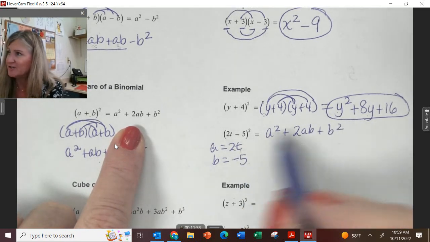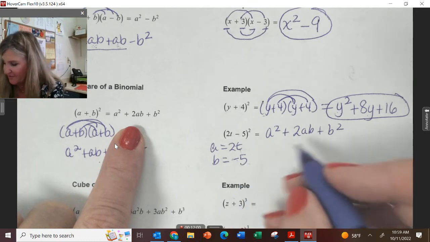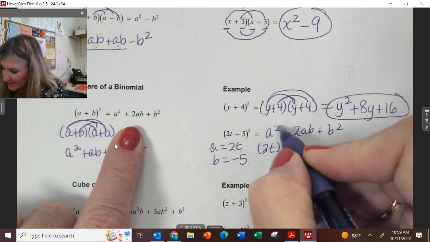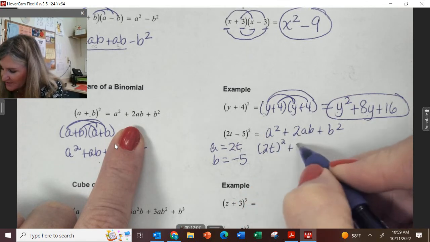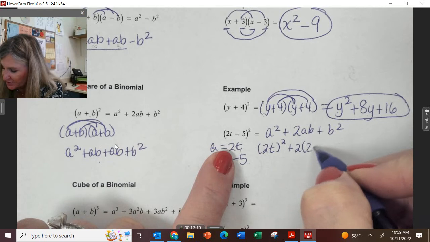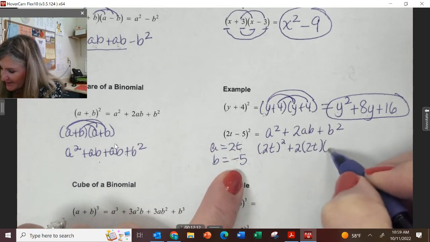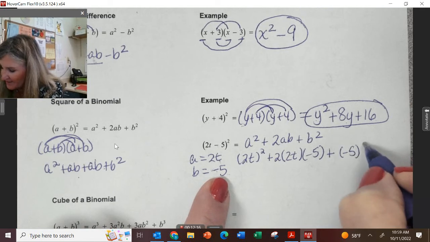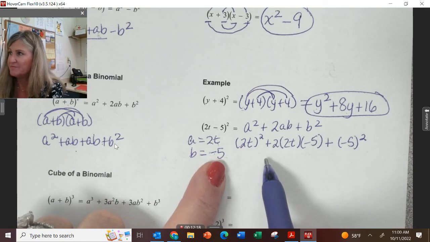That's the pattern we can use if we want to maybe make this go faster. So a is 2t. I'm going to square it. Plus 2 times a is 2t. b is -5. And b is -5, and I have to square it.